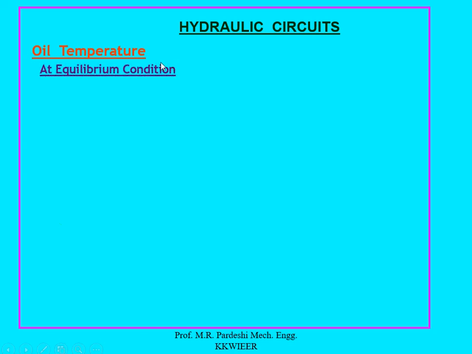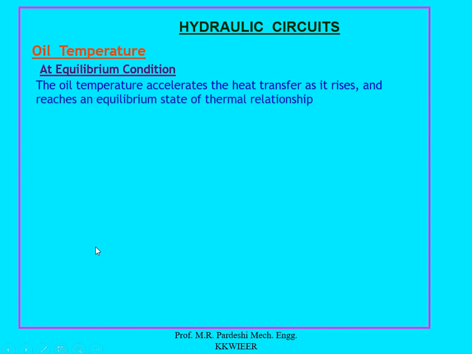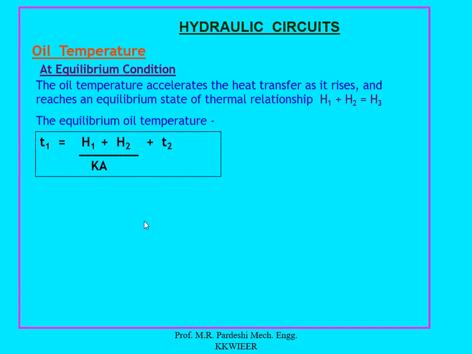The oil temperature accelerates the heat transfer as it rises and reaches an equilibrium state of thermal relationship, where H1 plus H2 is equal to H3. So the equilibrium temperature of oil is T1 equals H1 plus H2 upon KA, plus T2.